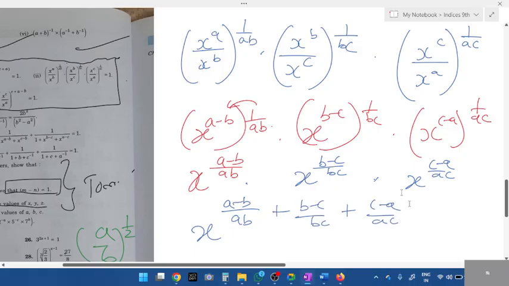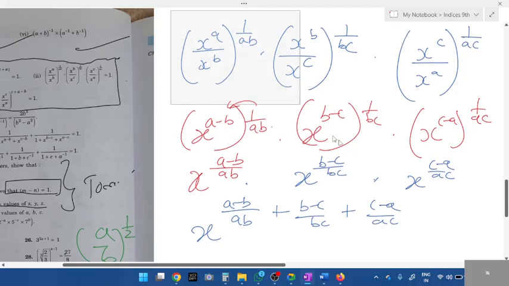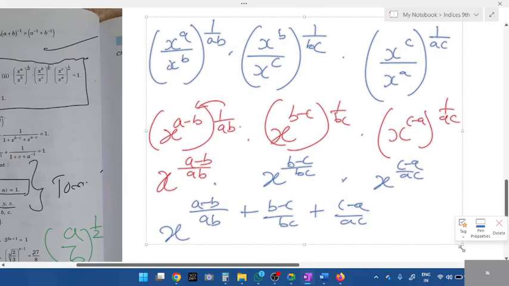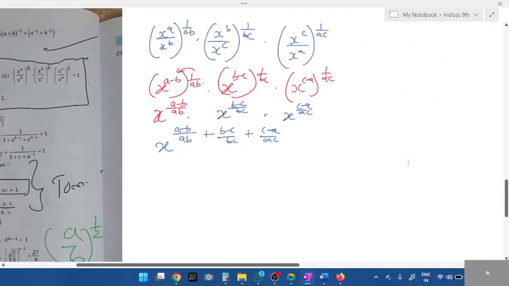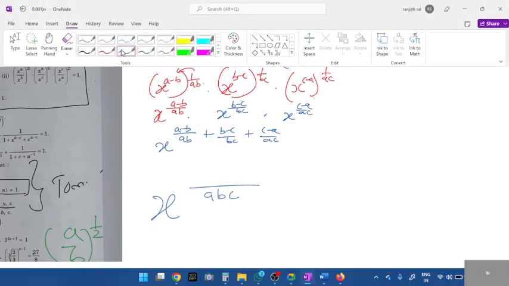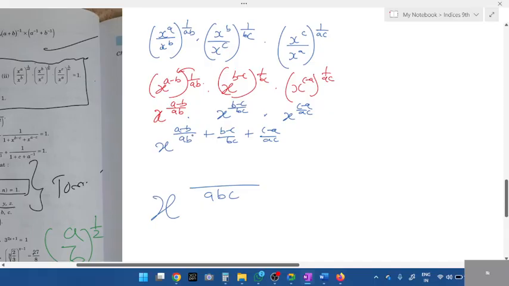Take LCM, students. Take LCM. Write all the denominators once. What are the denominators present? A, B, and C, right? What is missing? In the first one, what is missing? Multiply by, when you multiply, what you get?